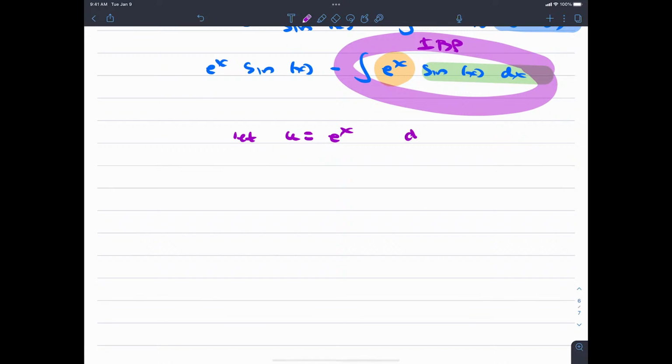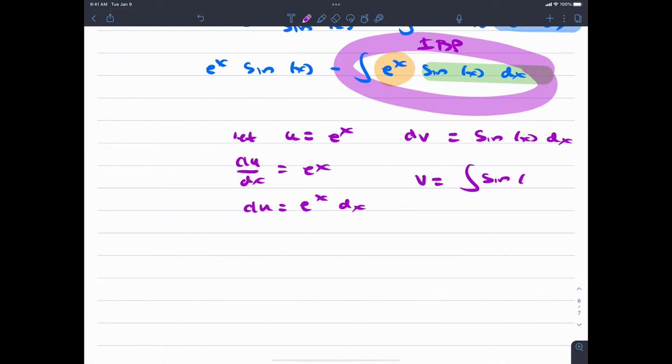So, okay, this is what we did. And all right, you said du/dx is going to be e^x, where du becomes e^x dx. And v is going to be the integral of sine. What's the integral of sine? It's negative cosine, and that's going to be your v, ladies and gentlemen.